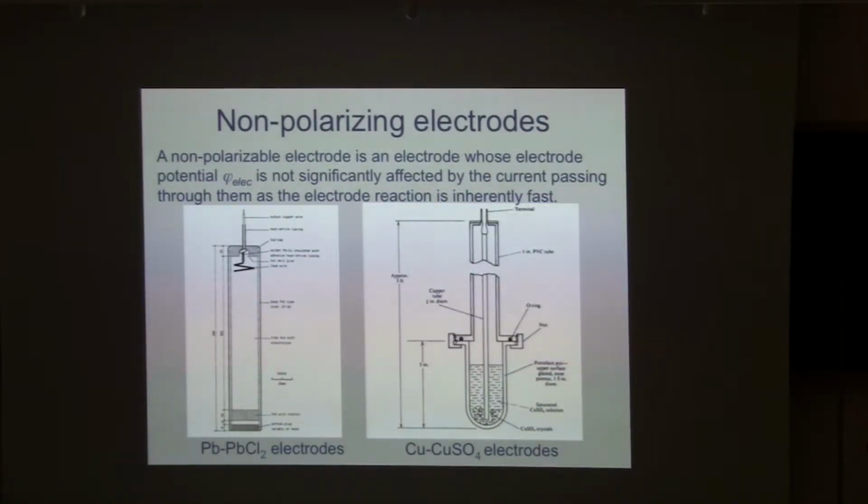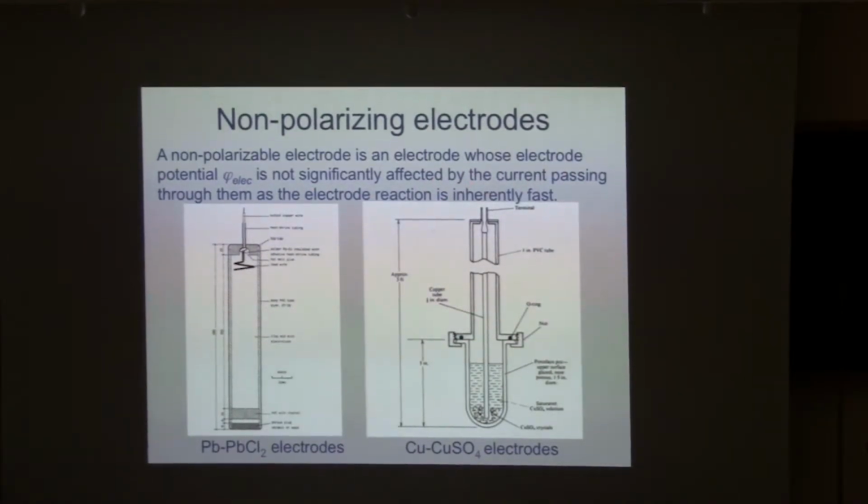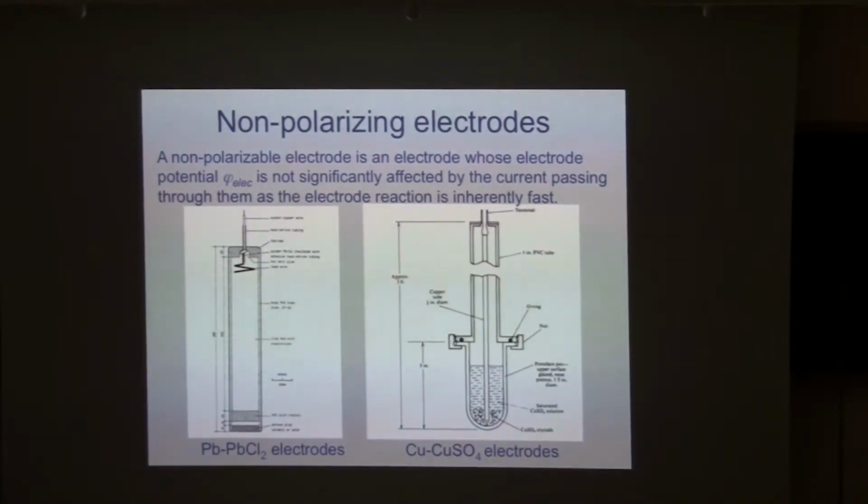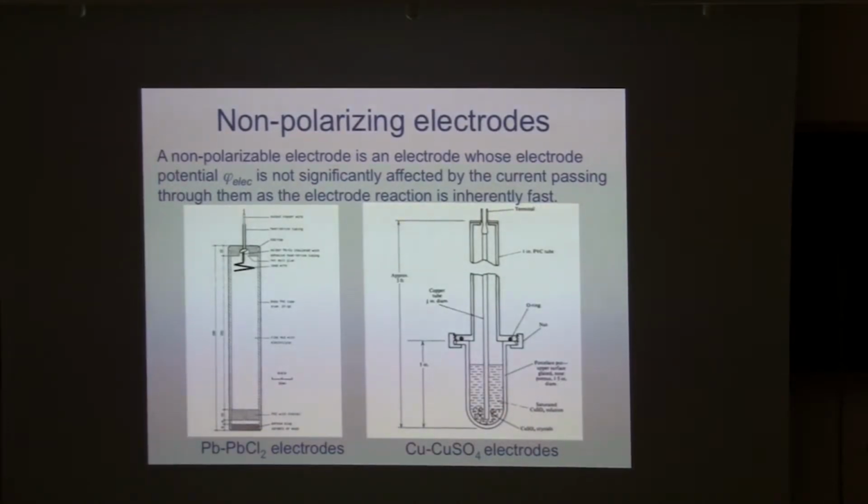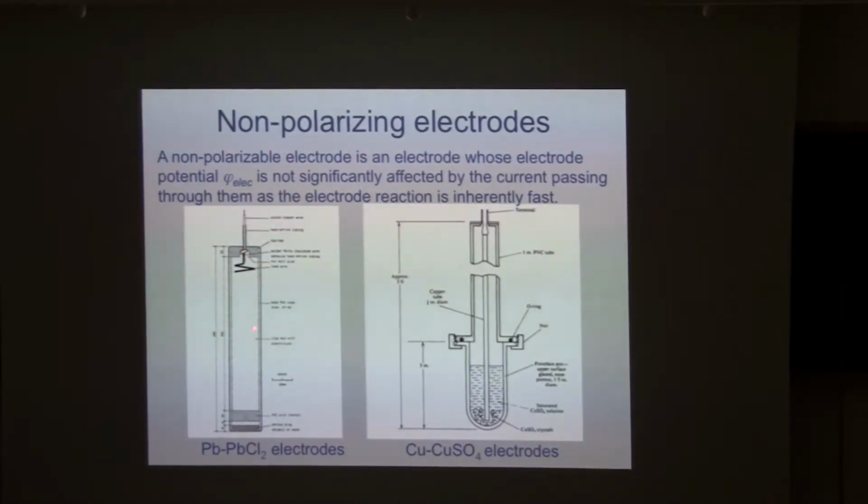Non-polarizable only means that the potential of the electrode does not change significantly, or ideally not at all, as a function of the current that runs through this system. So basically your electrode reaction is fast and you are in a stable environment. So typically you have the actual electrode here, and then you have some sort of saline clay mixture here that ensures that the salinity in this region is constant over time.